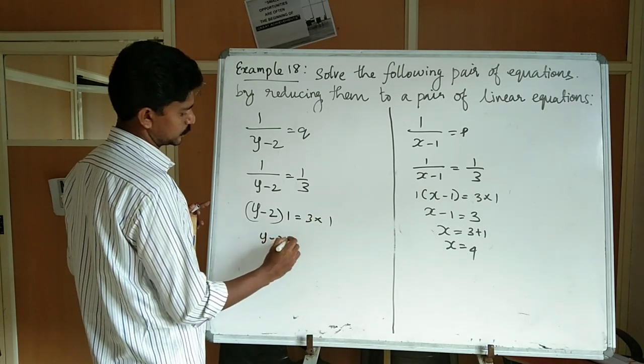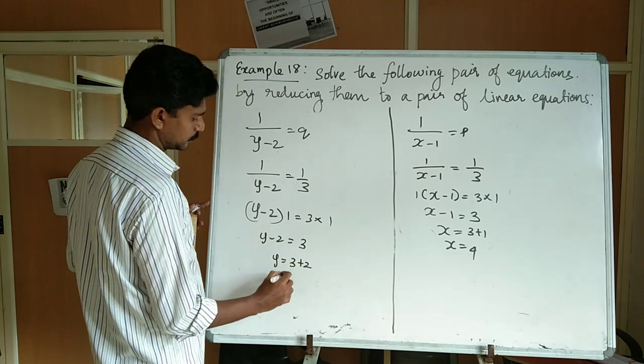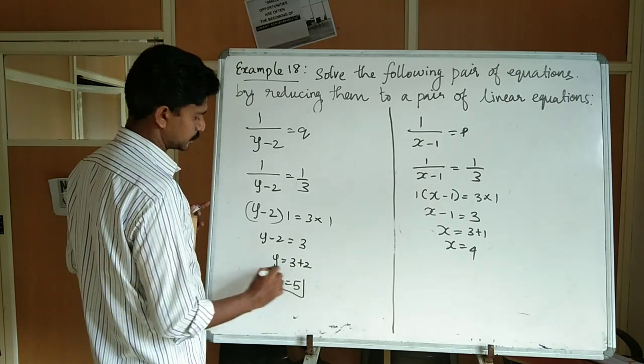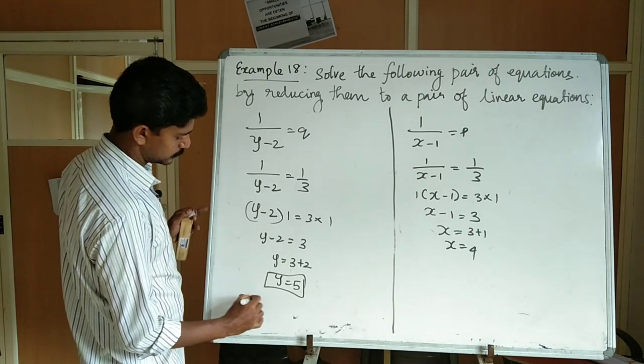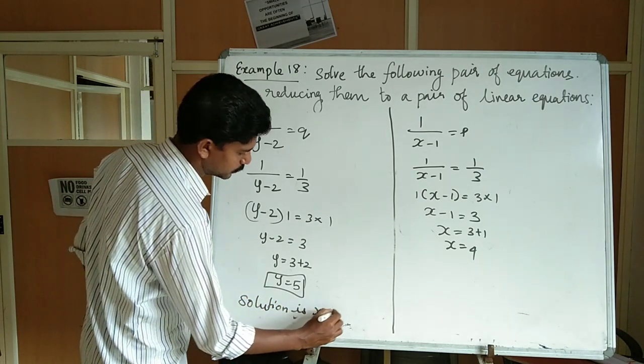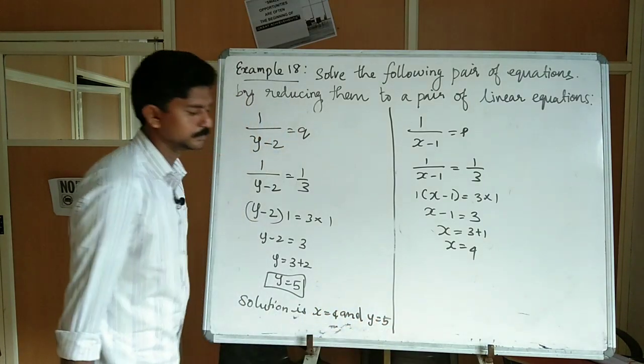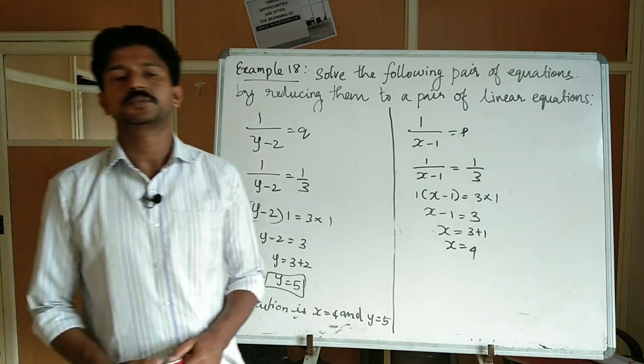So y minus 2 is equal to 3. y is equal to 3 plus 2. y is equal to 5. So the solution is x is equal to 4 and y is equal to 5. Hope you understood.